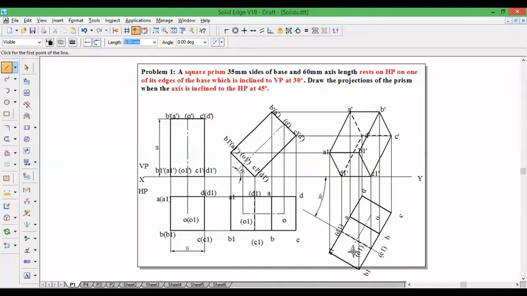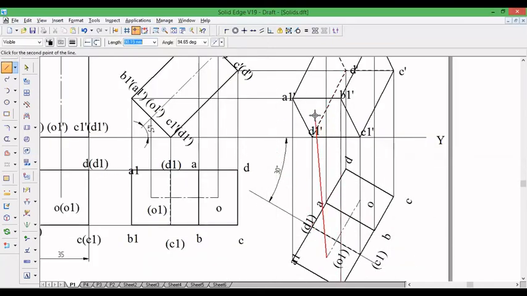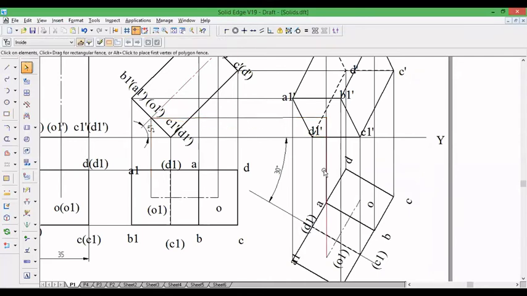Let us take projection of axis also. So projection line is a continuous line. This is O1 and O. Let us take some zoom. Join to the axis.